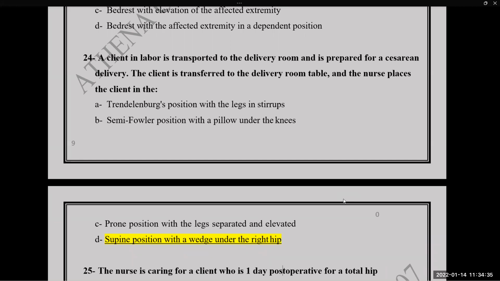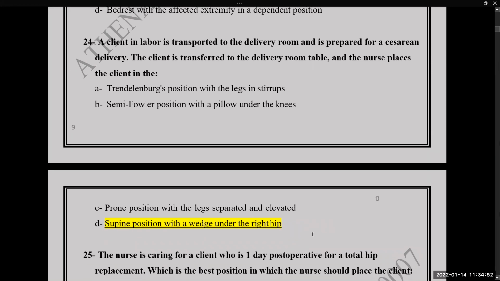So what is the answer? Supine position with a wedge under the right hip. Okay, next.